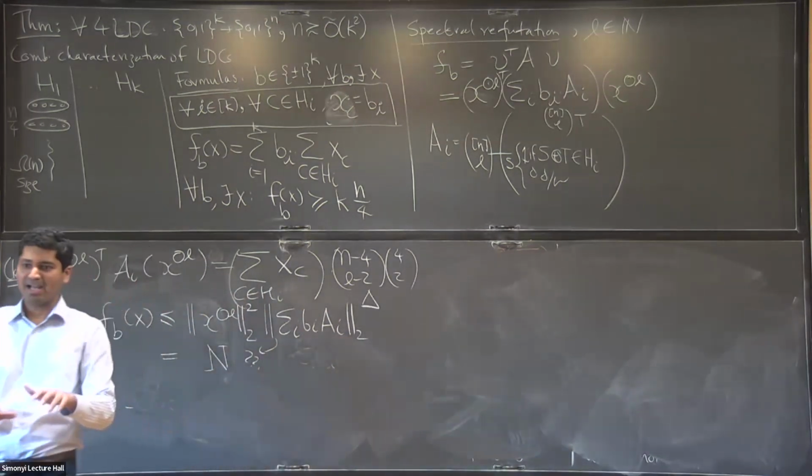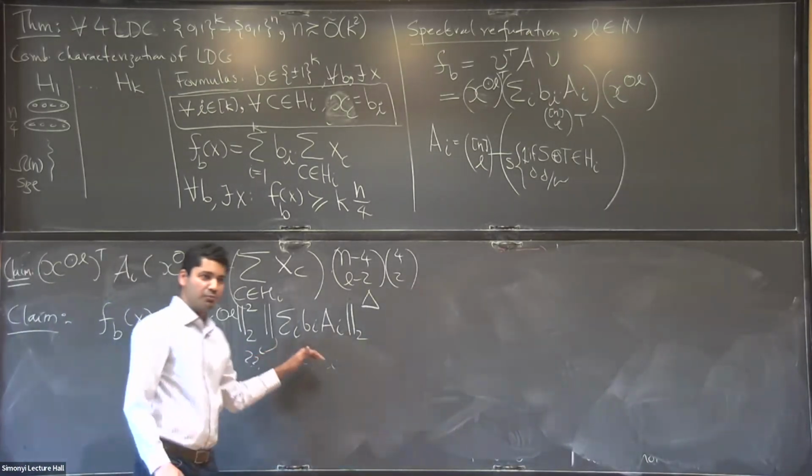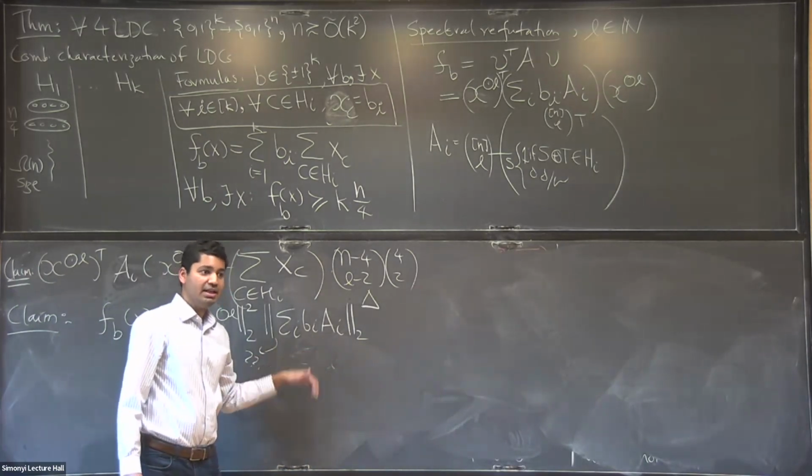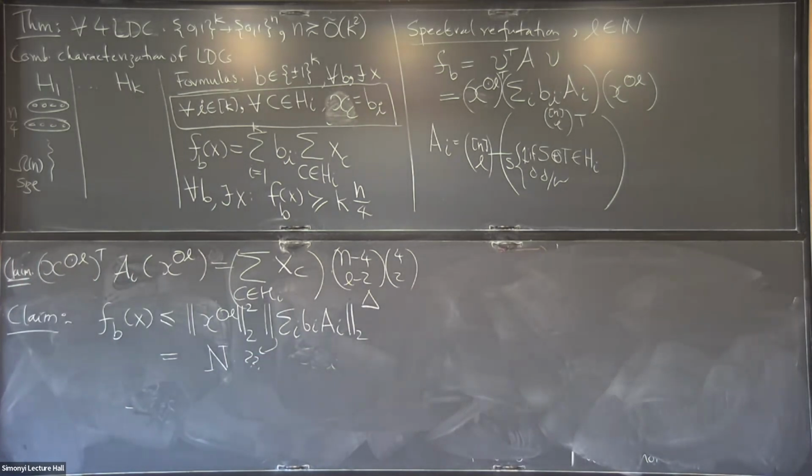Let me back up and tell you one thing I forgot. B is random, okay? So now we are trying to bound the spectral norm of a random matrix, a random signed sum of matrices. And the question I'm asking is, suppose the Bi are random, uniform and random, but capital Ai happen to be scalars. How would you bound this? How does this expression look?